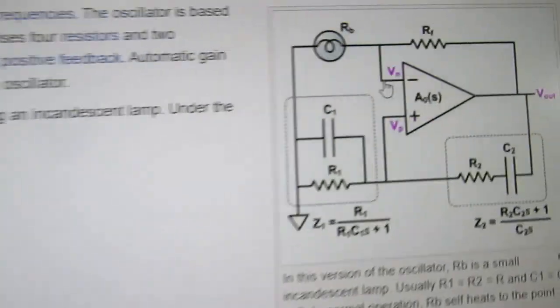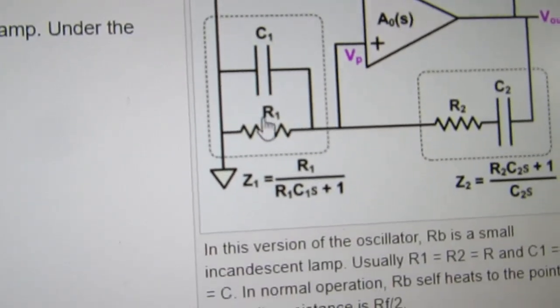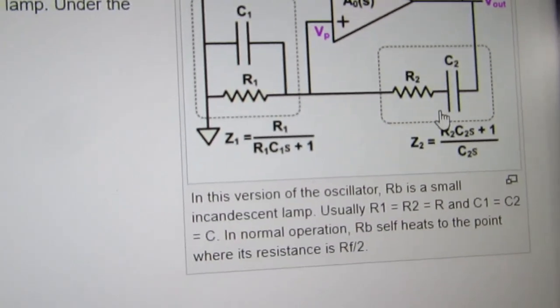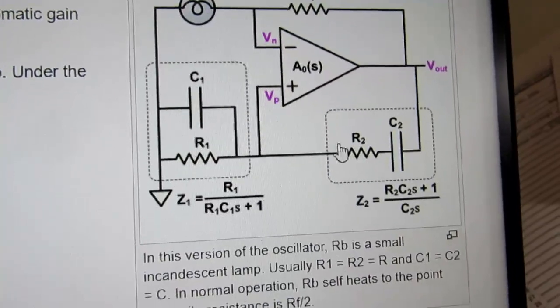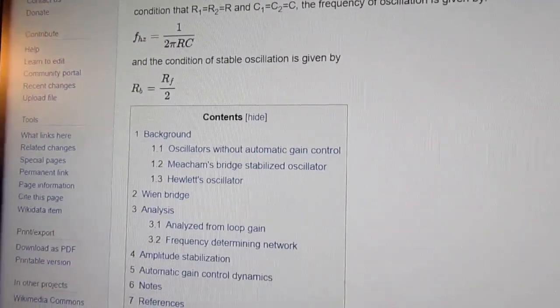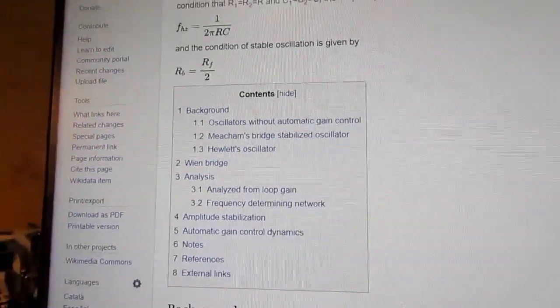And you've got this RC parallel and this RC series, and again, normally the two R's would be the same value and the two C's would be the same value, and then you have that simple formula.